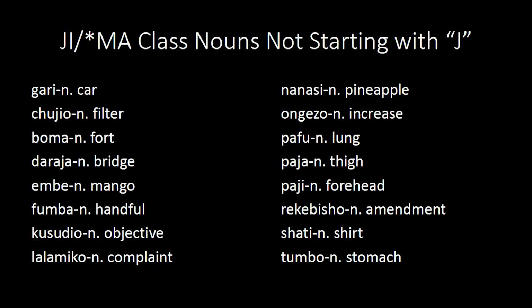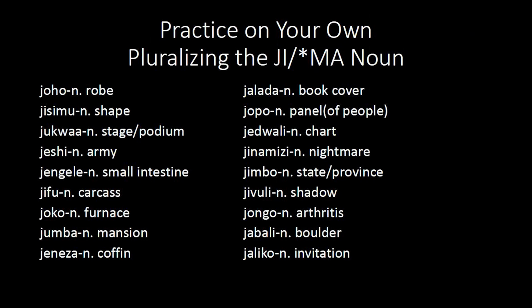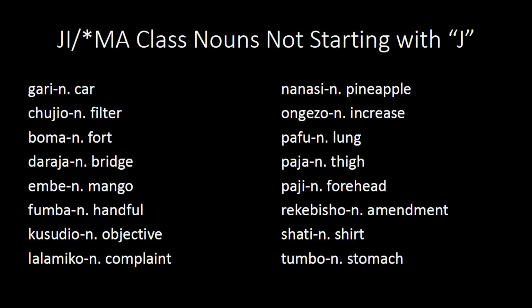And so you got some homework to do. You got these words to practice. Just add the MA. That's all you do is add the MA. And then you need to also add the MA to these. These are the ones that do not start with the letter J. And before you know it, you're going to be an expert. And try to commit them to memory. Put them on flashcards.